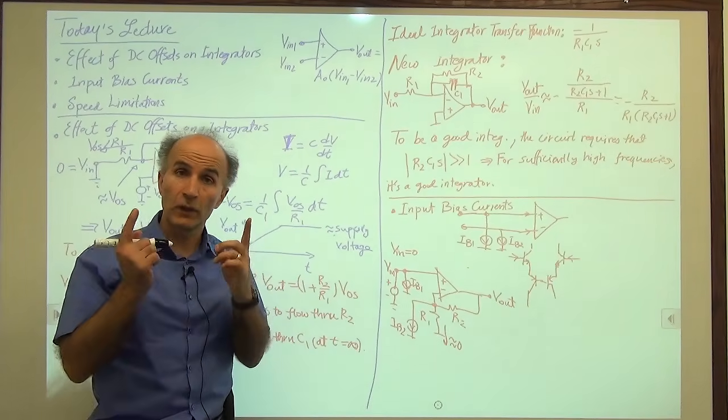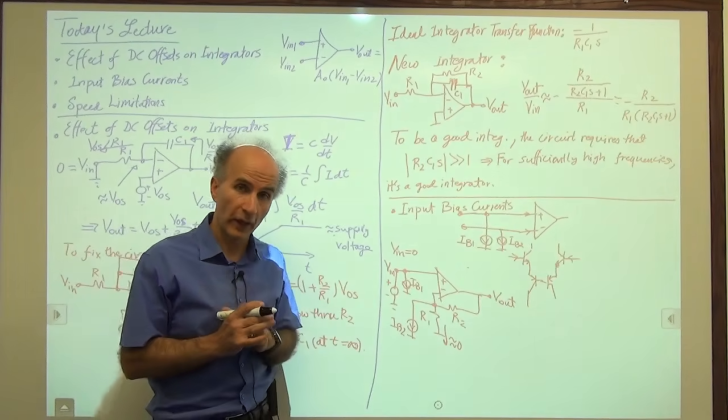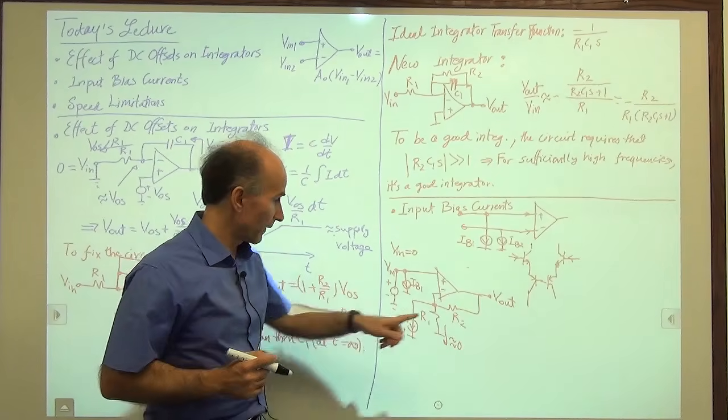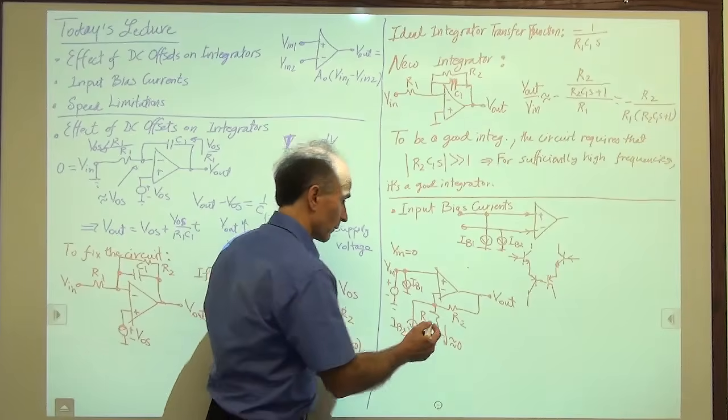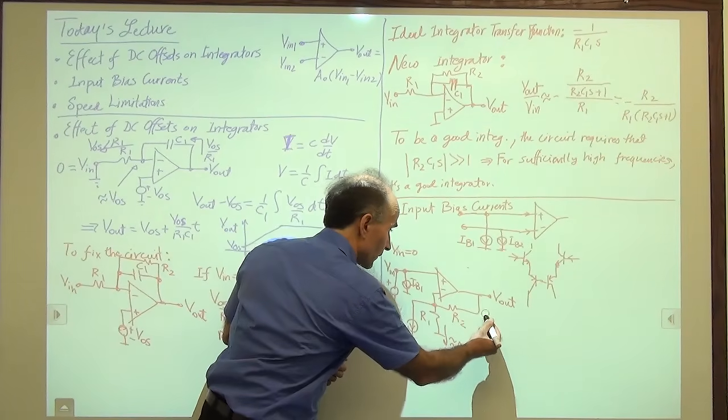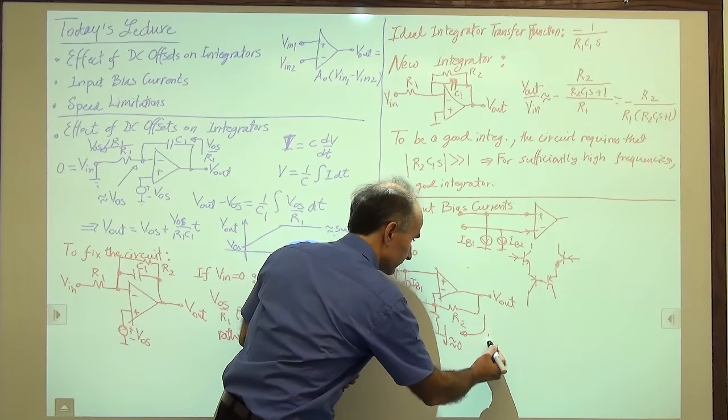That means there is only one path for IB2 to flow, and that's just R2. So IB2, for the most part, has to flow through R2, like so.